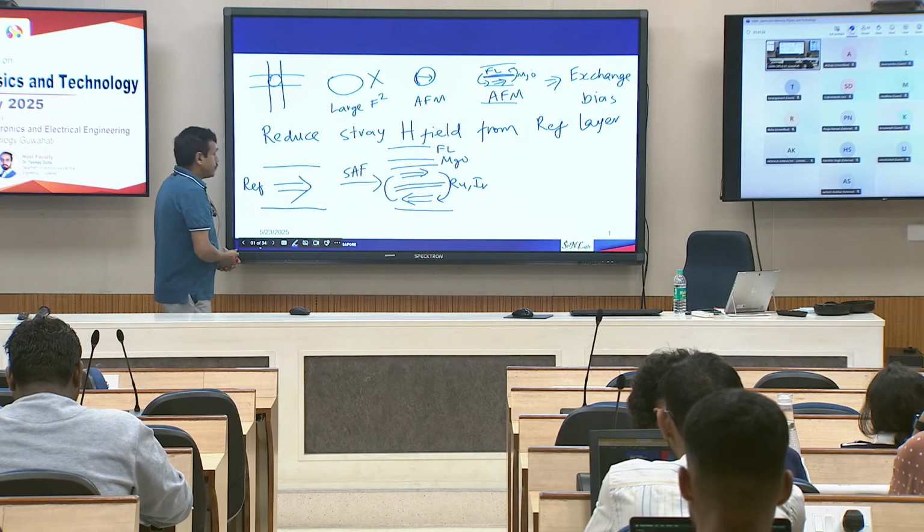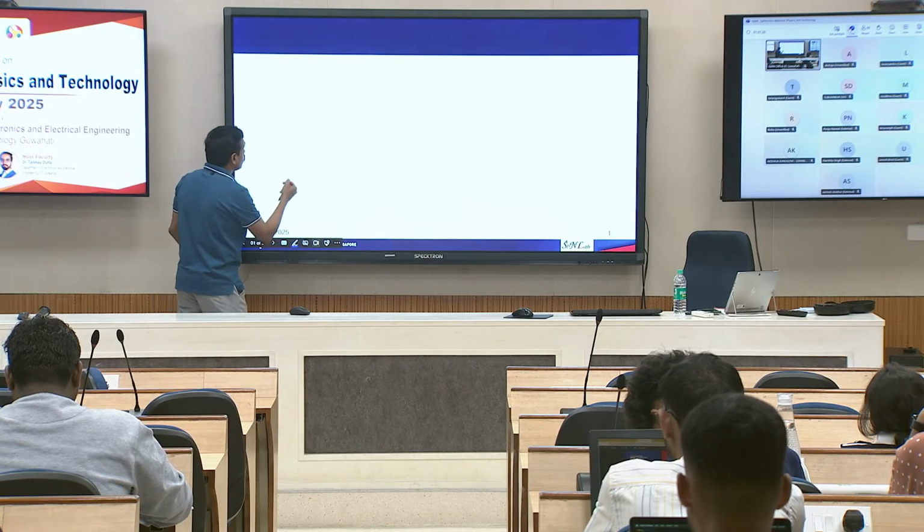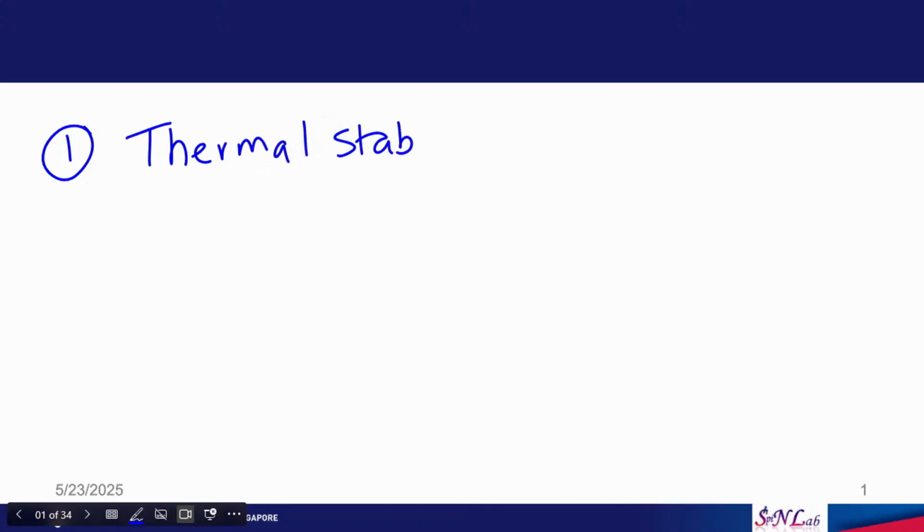Okay. Then we learnt that there are at least two problems with respect to in plane MRAM. First problem is thermal stability. So, we have learnt that the KUV has to be greater than 60 times kBT.